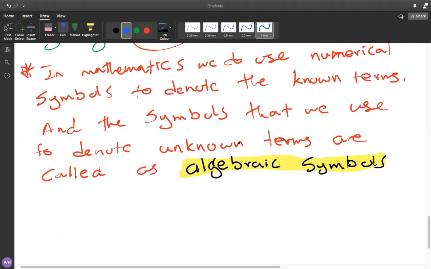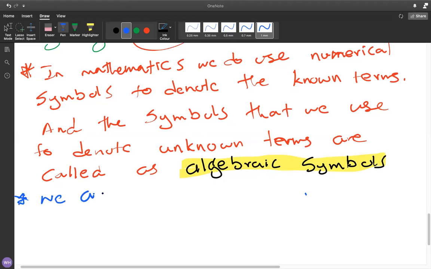Okay, so let's see what these algebraic symbols are. We don't use strange things as algebraic symbols; we don't go introducing new kinds of symbols. What we do is use English simple letters as algebraic symbols. So let's write that below this one, with another star.